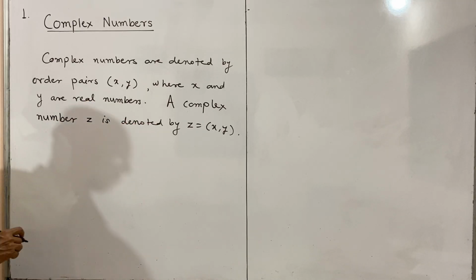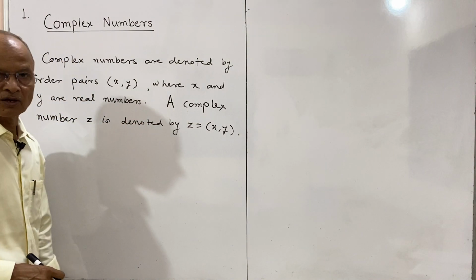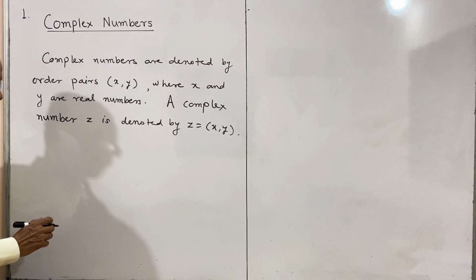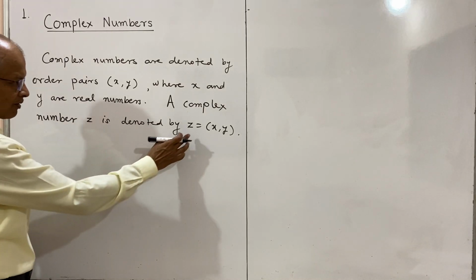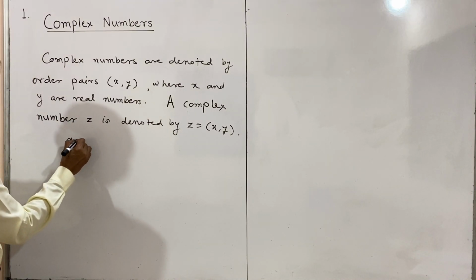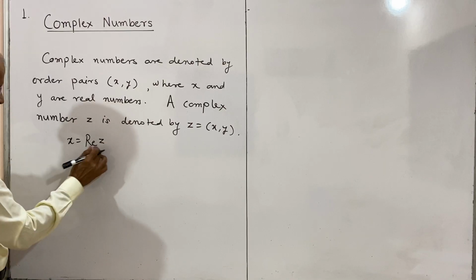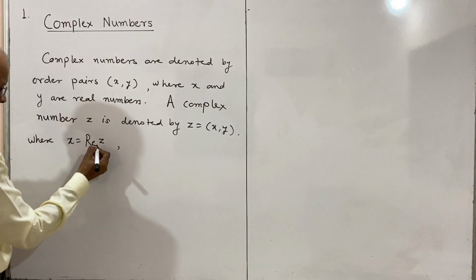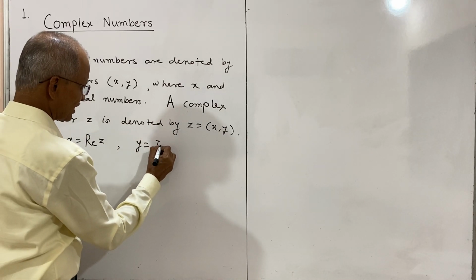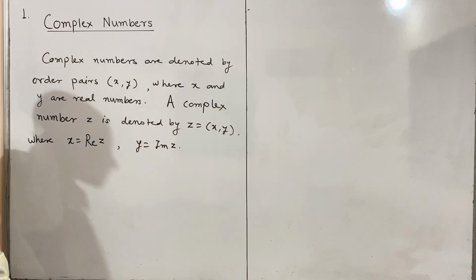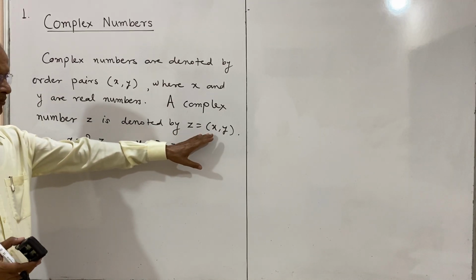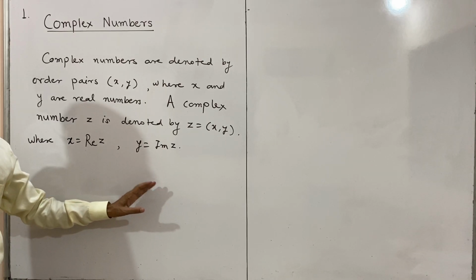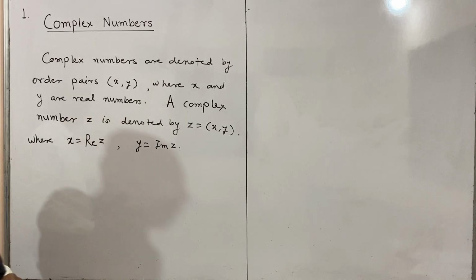Complex numbers have two parts, real part and imaginary part. x is the real part and y is the imaginary part of z. So x is equal to the real part of z, and y is the imaginary part of z. A complex number can be represented as a point in the complex plane, where the x-axis is the real axis and the y-axis is the imaginary axis.